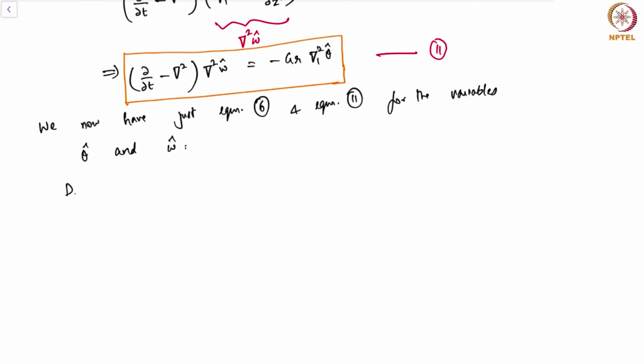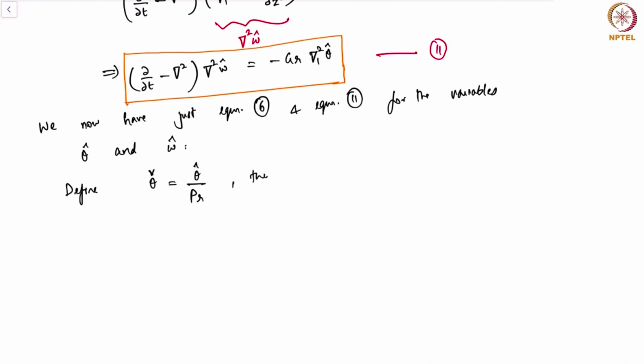Now we can do one last simplification. We'll define a parameter. I'll call it theta reverse hat. This theta reverse hat is nothing but theta hat divided by Prandtl number. It will become clear why; this is not necessary. We can continue with what we have, but let's see what happens.